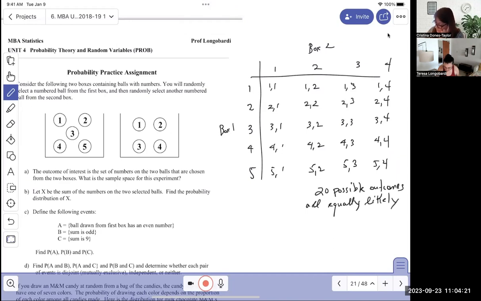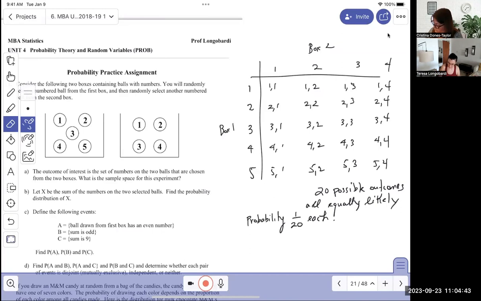So each one has a probability of 1 out of 20. That's A. That answer is A.